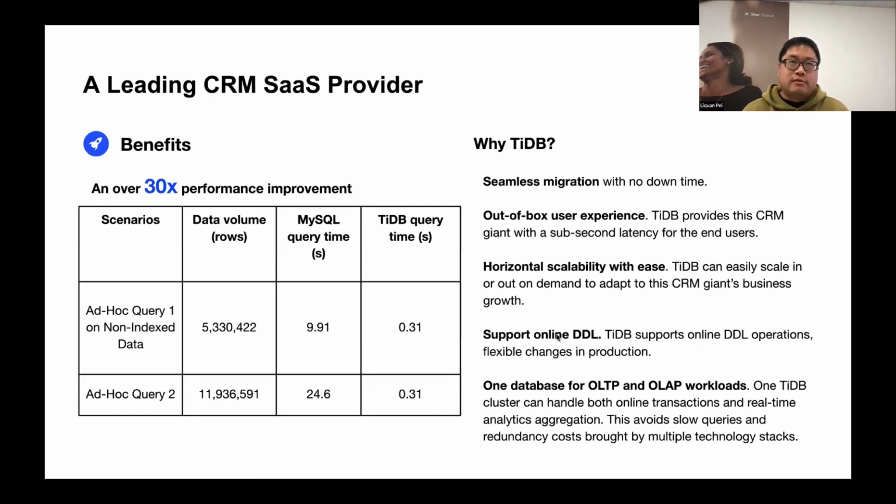When you make changes to a schema, you can still run your applications, and the new schema will be automatically picked up when the DDL operation finishes. Also, TiDB is one database for both OLTP workloads and some complex queries, and this can offload some of your cost or the need to use a data warehouse.